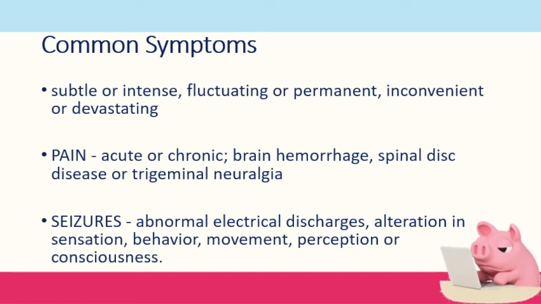Also, your pain, especially the chronic type, could be found among your patients with spinal disc disease. When I say spinal disc disease, due to the compression of the spinal nerves related to the narrowing of your spinal cord or your vertebrae itself, it can result in chronic pain. We commonly use the term sciatica to refer to chronic back pain, and we also have the condition spinal nerve compression.